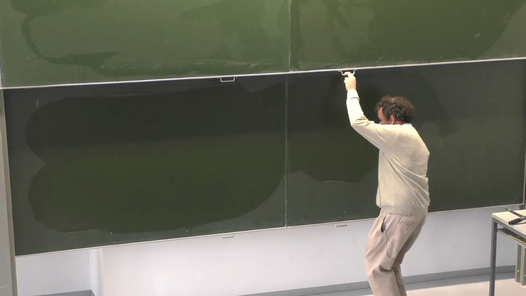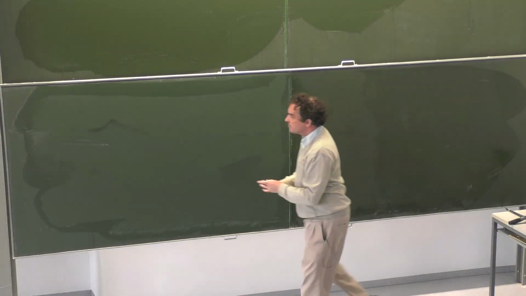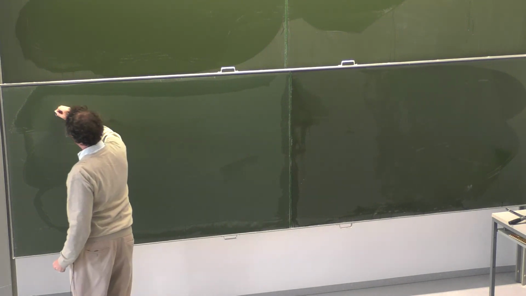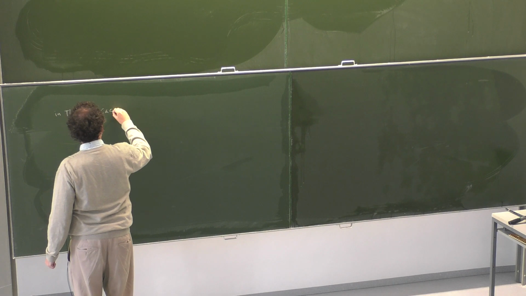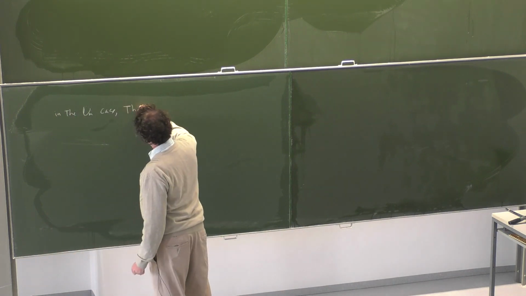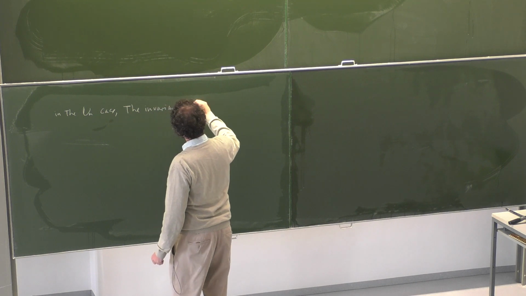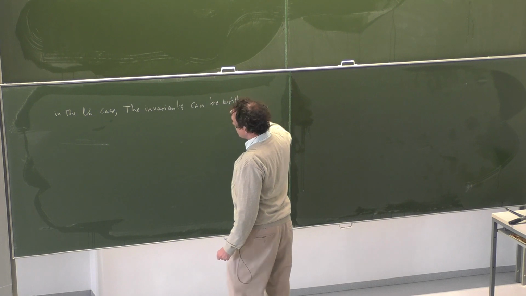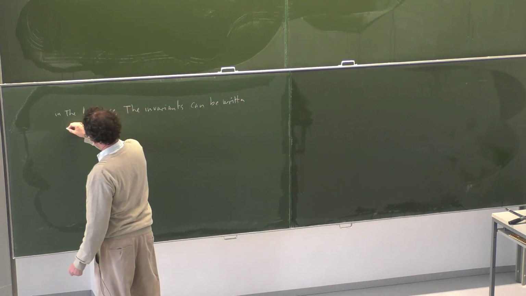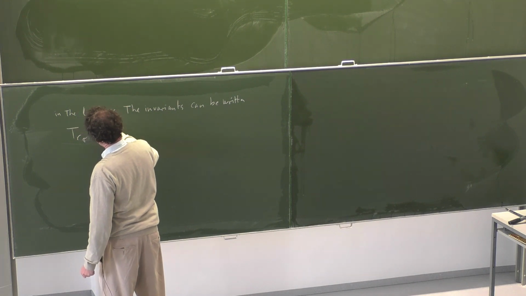What we have is that in the SUN case, so in the UN case, the invariance can be written as something like this, as what I would call trace sigma A.